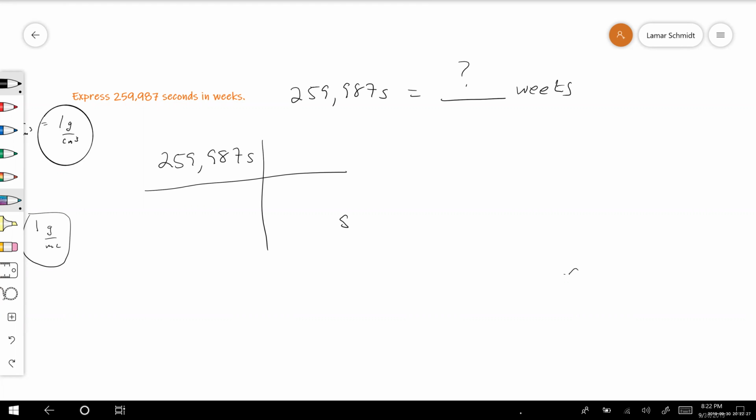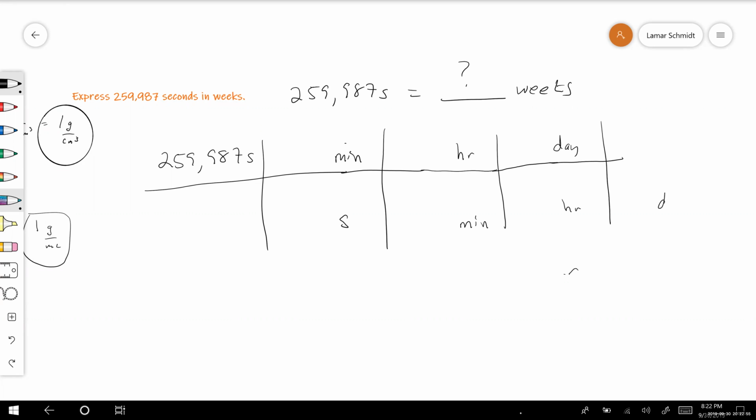And what are we going to go to? Are we going to go to a smaller unit or a larger unit? We're going to go to a larger unit because we're going from smaller unit seconds to larger unit weeks. So we know from seconds to minutes. Once again, minutes is going to go to the bottom because minutes is at the top. These are going to cancel. It's going to go to hours. Hours is going to go to days.